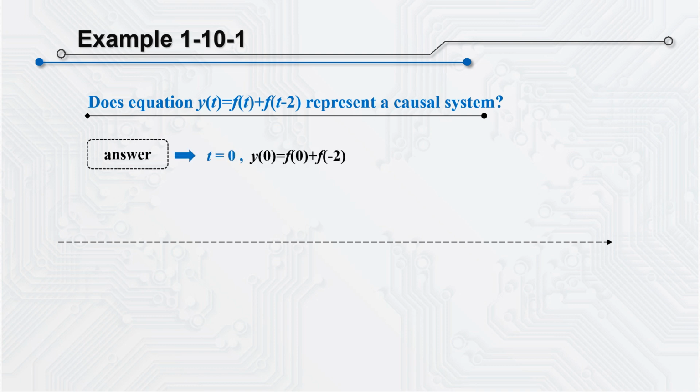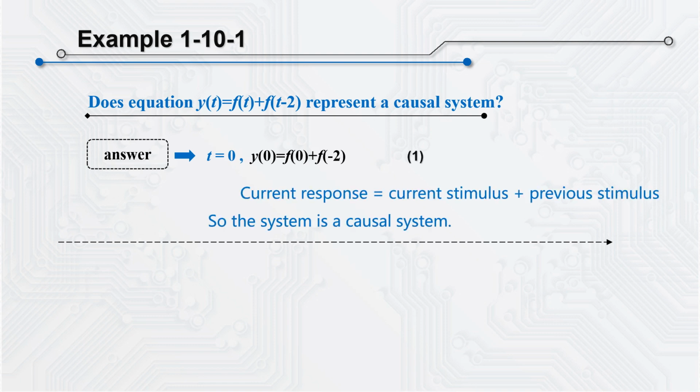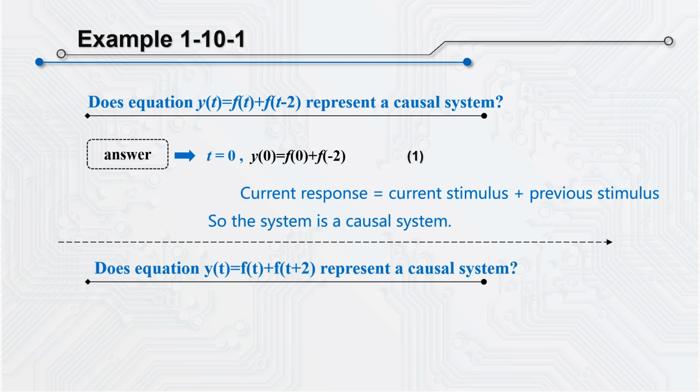When t is equal to 0, y(0) = f(0) + f(-2). By analyzing this expression, we can find that the response equals the current stimulus plus the previous stimulus. So, this system is a causal system.